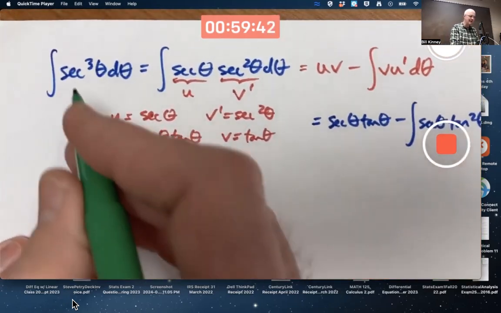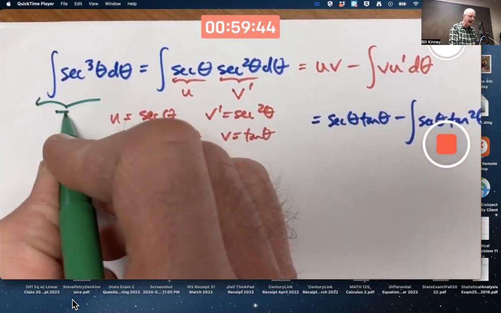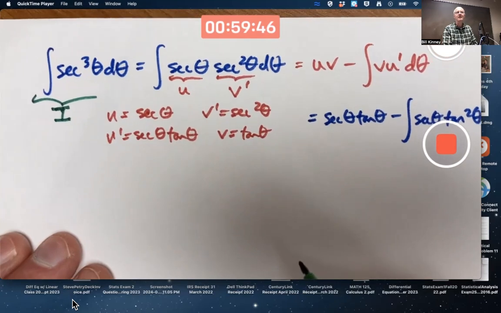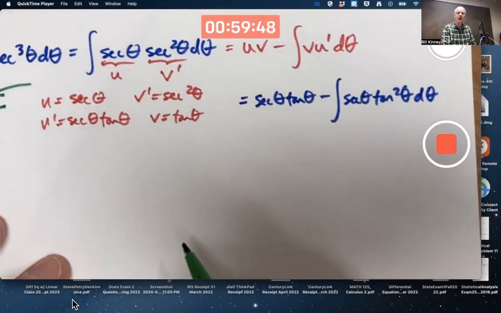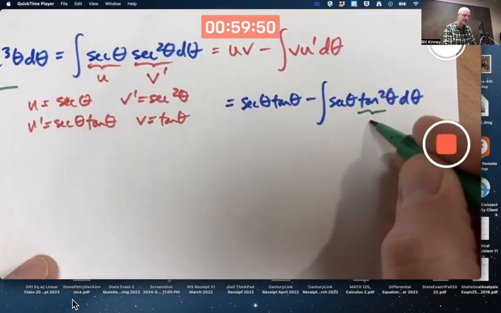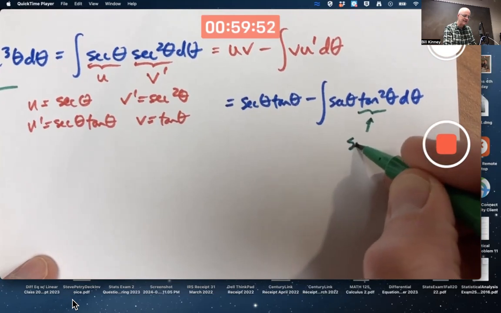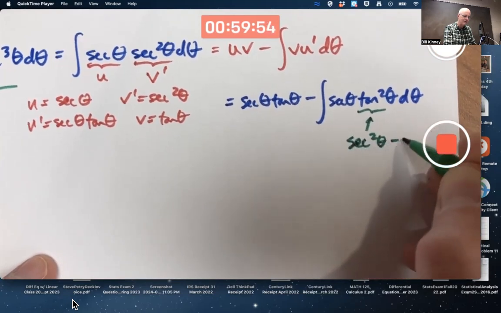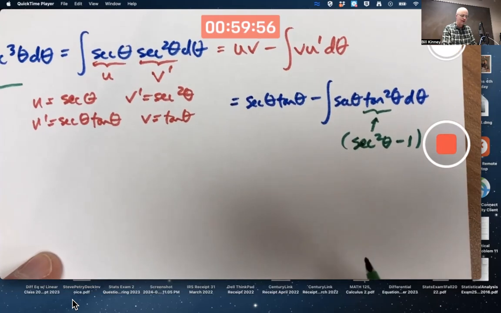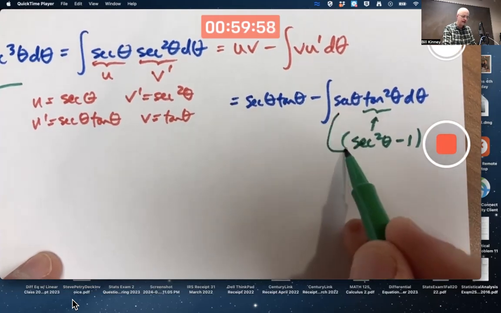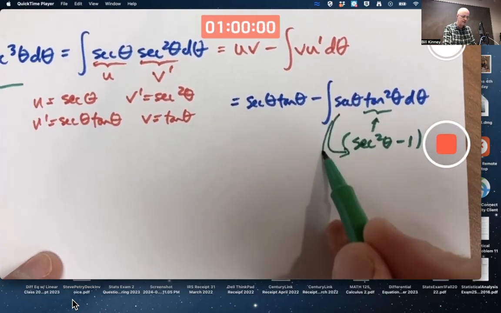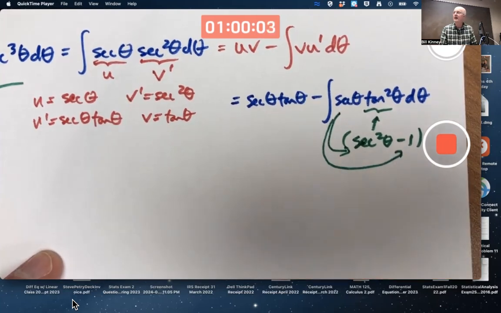If we do what we did the other day and call this, say, I, the unknown integral we want to solve for, and we replace tan squared theta with secant squared theta minus 1, after distributing the secant theta through the parentheses here, I will have another integral involving secant cubed, so maybe I can solve for it algebraically.